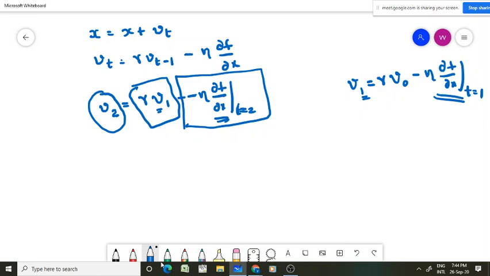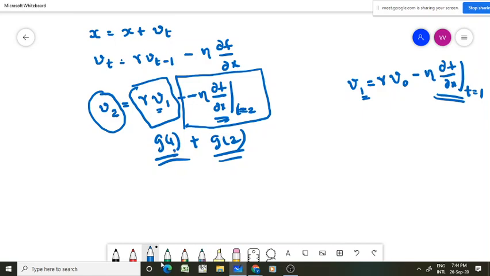Understand? So the velocity in the current iteration depends upon these two factors, and this is the gradient in the second iteration. So it will depend upon both.